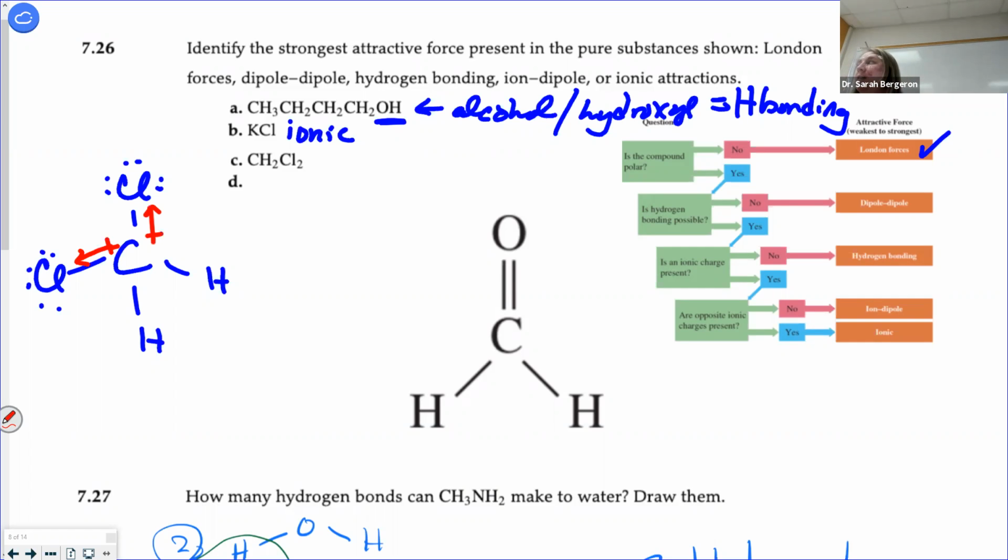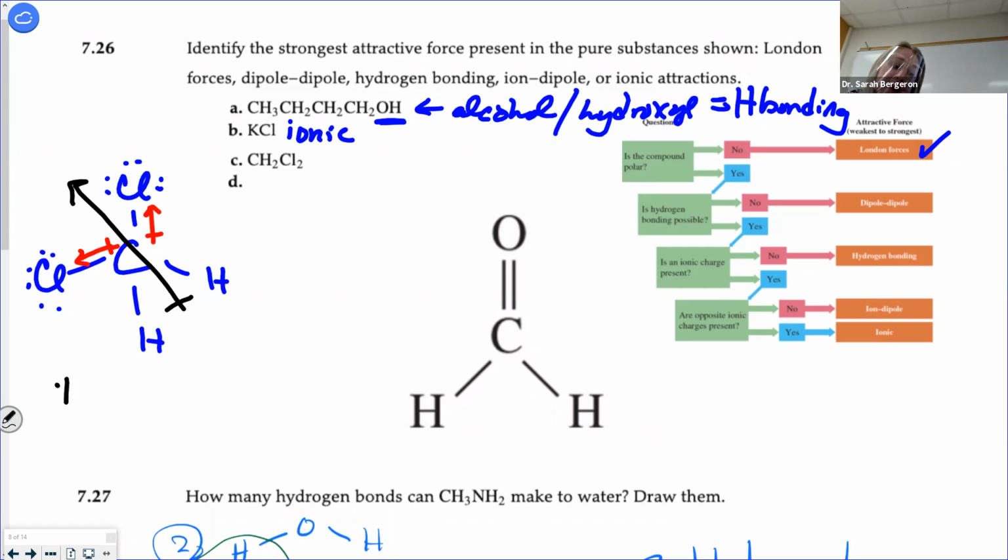Is there an electronegativity value difference between carbon and hydrogen? Technically, yes, but it's so small that we just pretend it doesn't exist, right? Remember that? So if I were to draw an overall dipole moment, do I have a dipole moment in this molecule? Yes, and it kind of goes like that. So do we have a dipole?